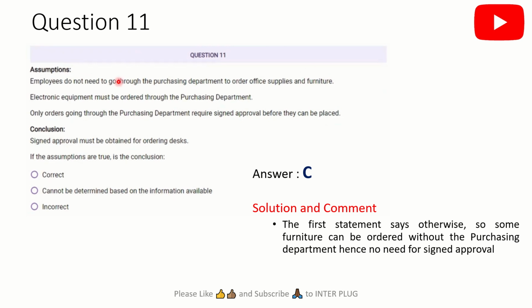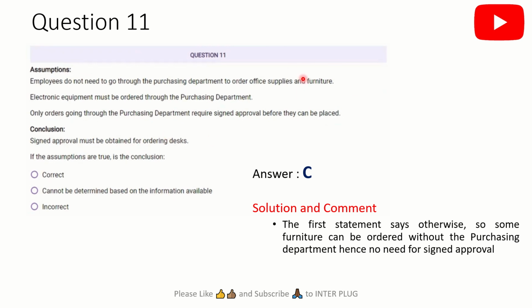And the first statement says employees do not need to go through the purchasing department to get furniture, right? And for you to get a signed approval, like the third statement says, you need signed approval only if it's going through the purchasing department. So we don't actually always need signed approval for ordering of desk, and desk is part of furniture, right?